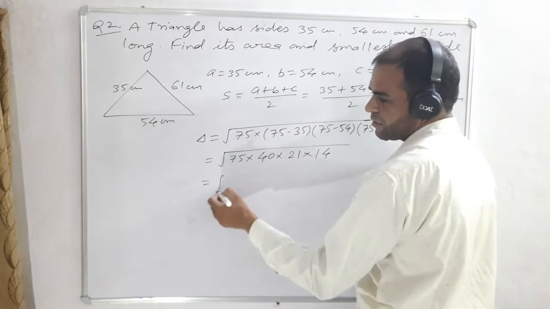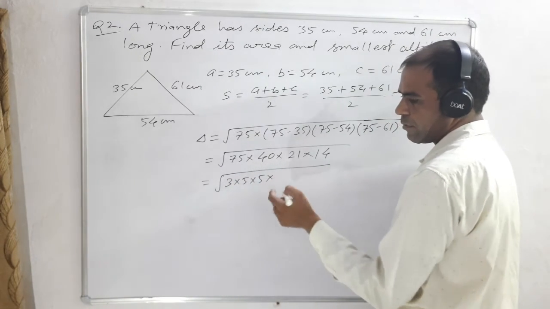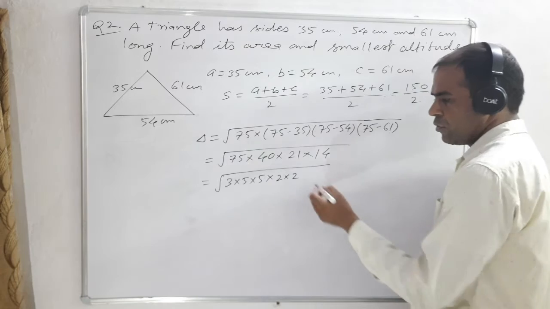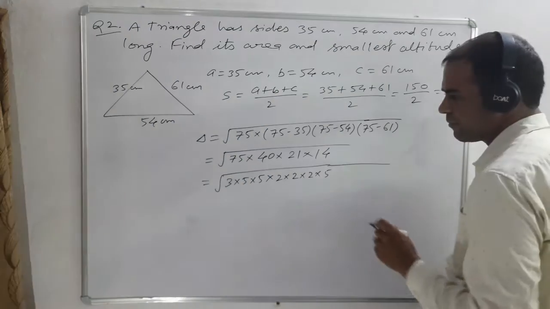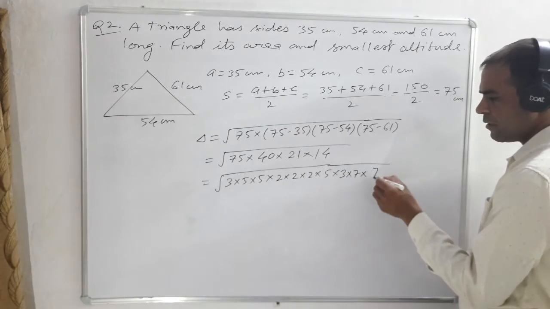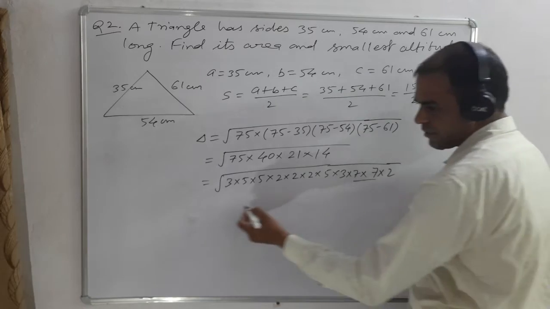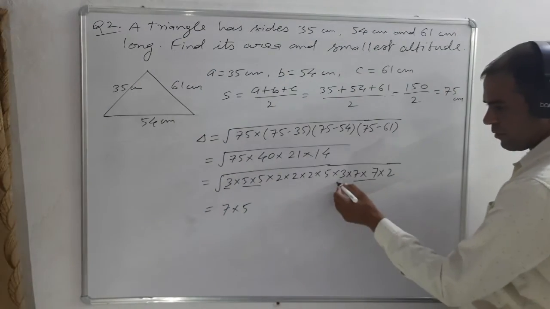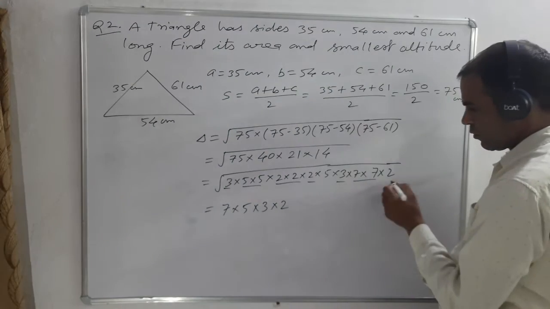Again find the prime factors of these numbers. 75 is 3 into 5 into 5, because 25 3s are 75. 40 is 2 into 2 into 2 into 5. 21 is 3 into 7, 14 is 7 into 2. And again we will make the pairs: 7, 5, 3, 2, 2.